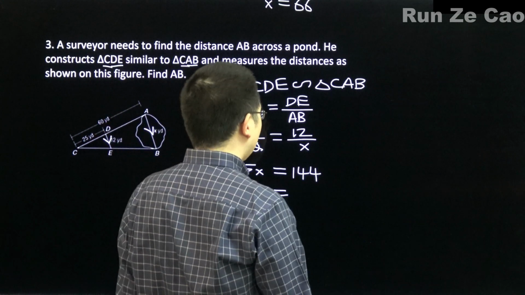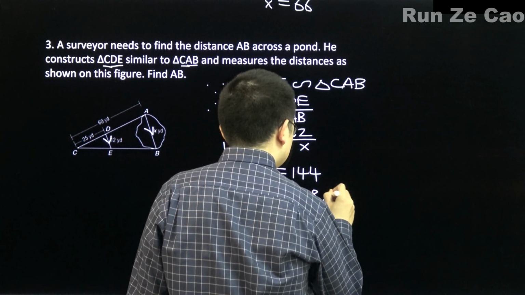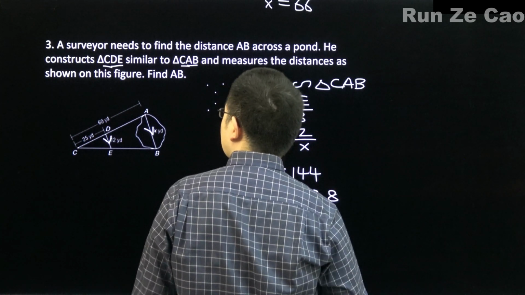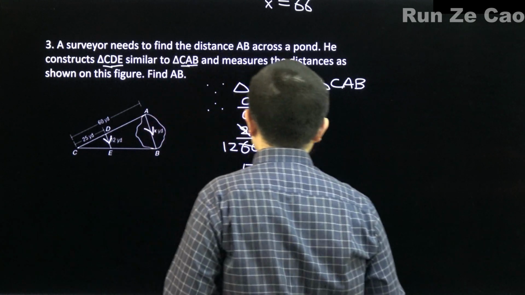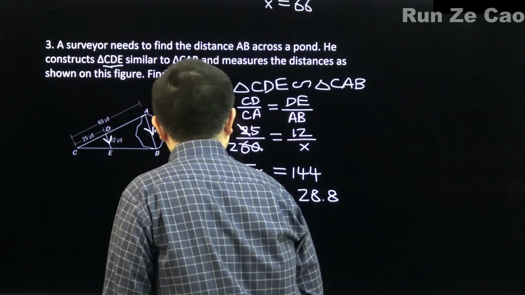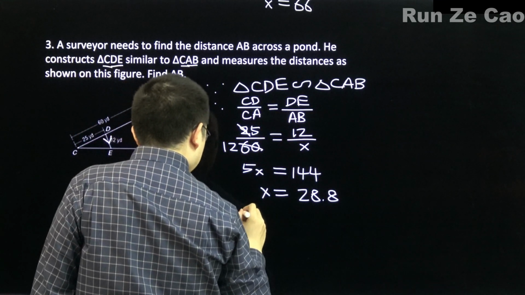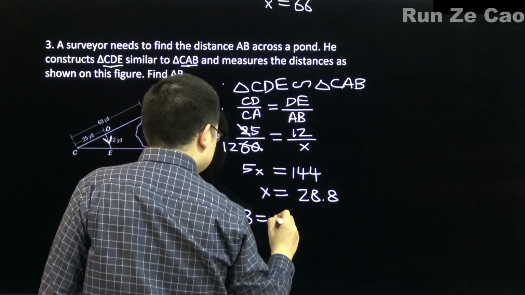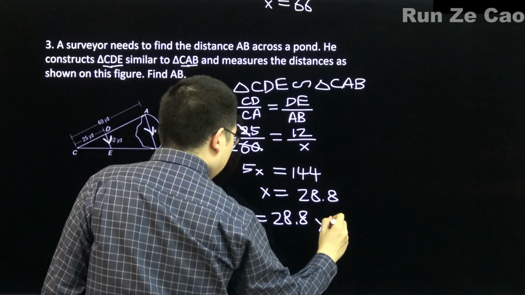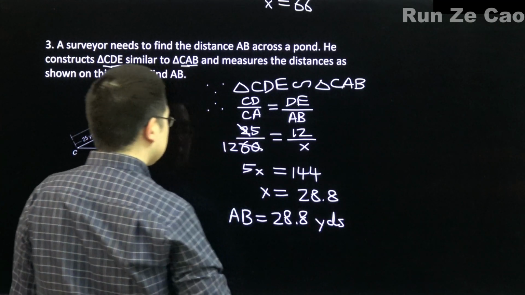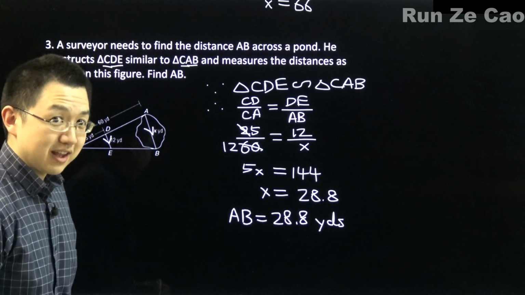So that leaves us with 14.4 times 2, or 28.8. Yards is specified on the image, so we just find x. And then AB is equal to 28.8 yards. That's where the unit comes in.